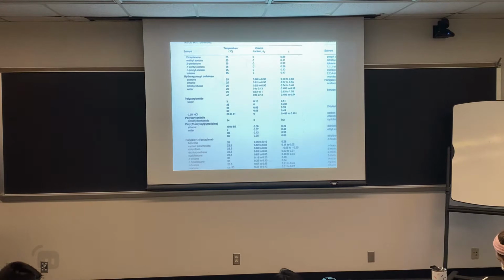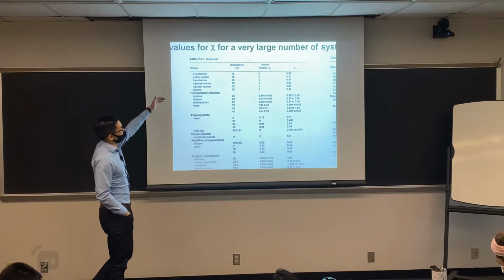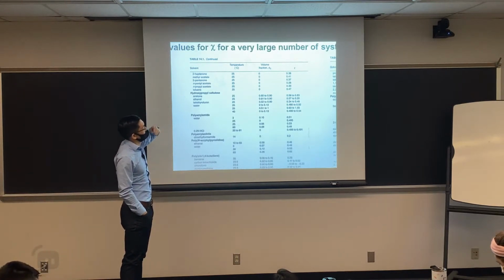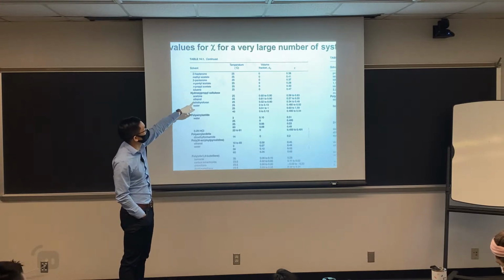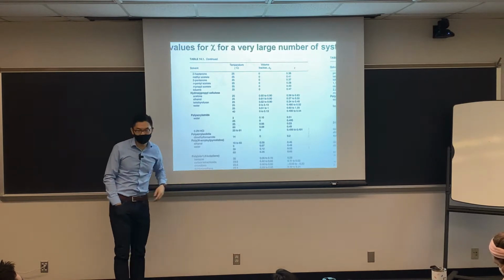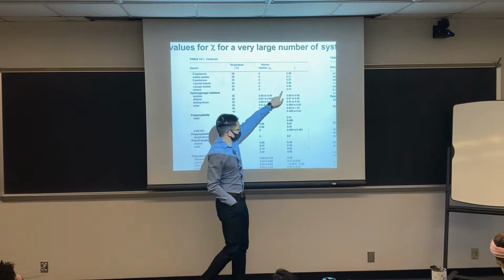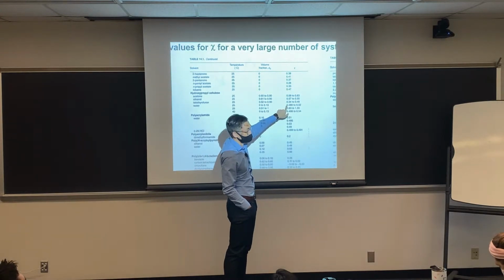Okay, this is a little bit of a busy plot, but my point is just to show you what handbooks you have and what you can look at. You can read what the chi parameter is with respect to different solvents and different polymers. In this case, you can look at the polymer handbook. This will tell you, at this temperature, what the chi parameter for this particular polymer in this solvent will be.